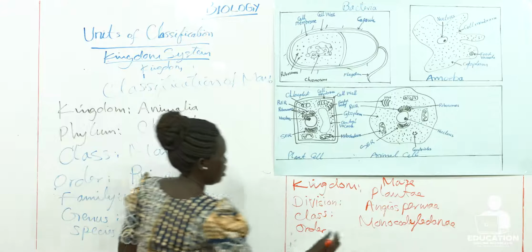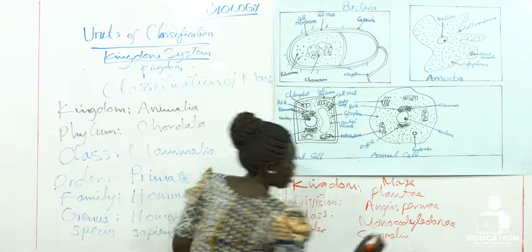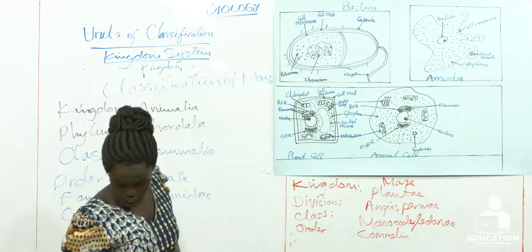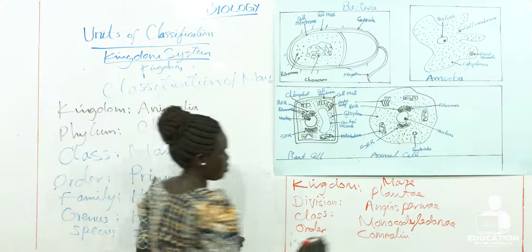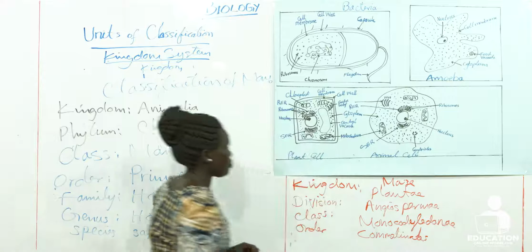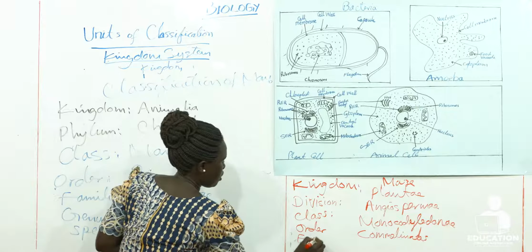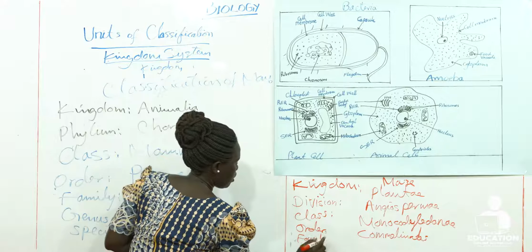Order. The order here is Commelinales. Then family, Poaceae.